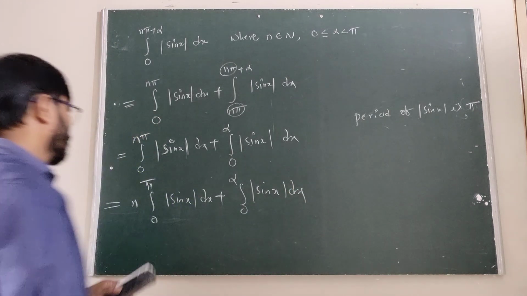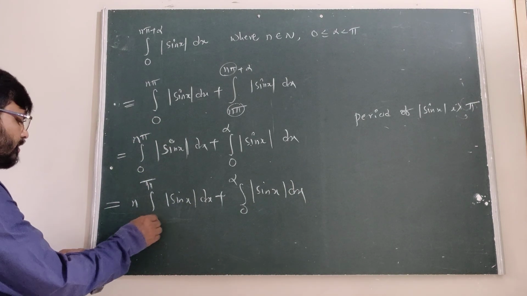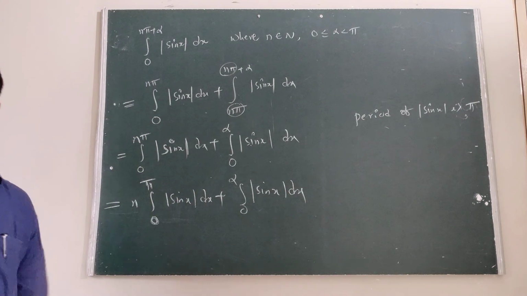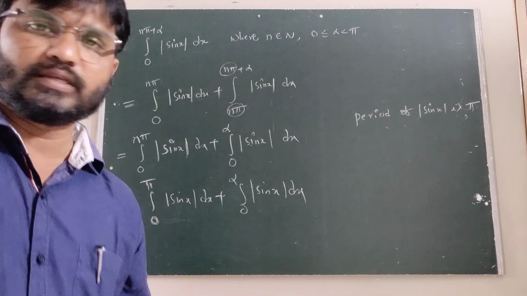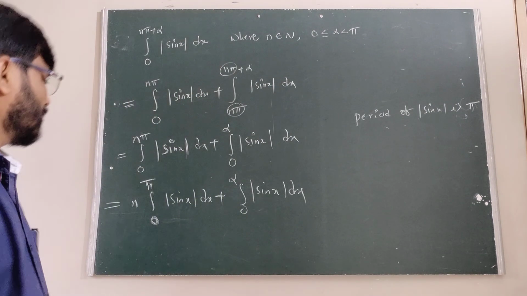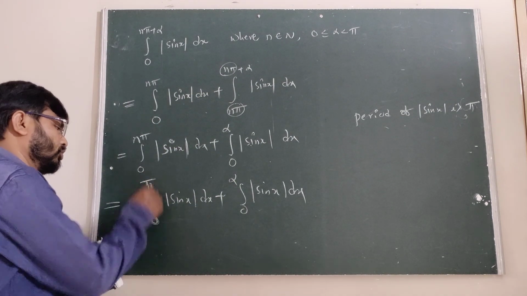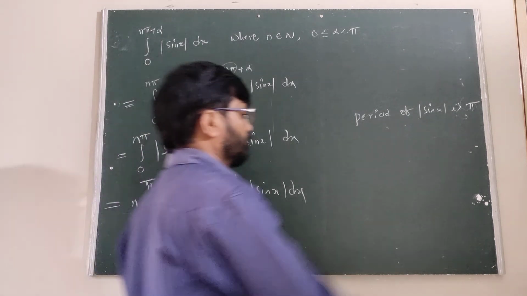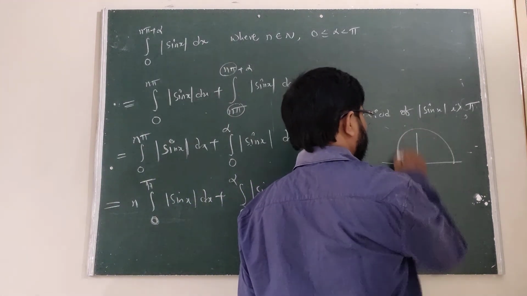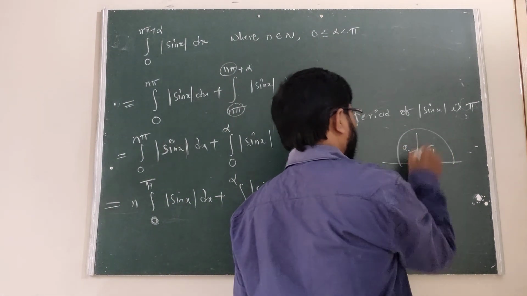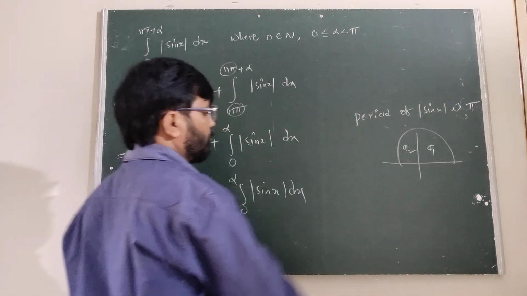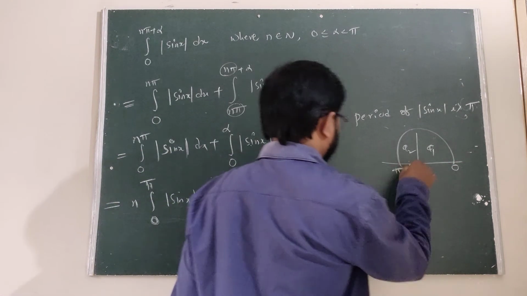Then we can write here undoubtedly the mod of sin x dx. Therefore here from 0 to pi, all of you listen here, from 0 to pi the sign is positive. The mod means plus or minus, but this is always positive in between 0 to 180. Sin x is positive in the first and second quadrant. In Q1 and Q2, in between 0 to 180, sign is positive.